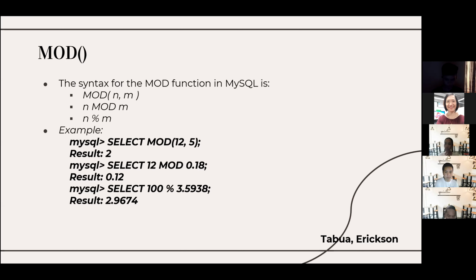MOD function. The MOD function returns the remainder of an integer divided by another number. Example, MySQL SELECT MOD(12, 5), with a result of 2.